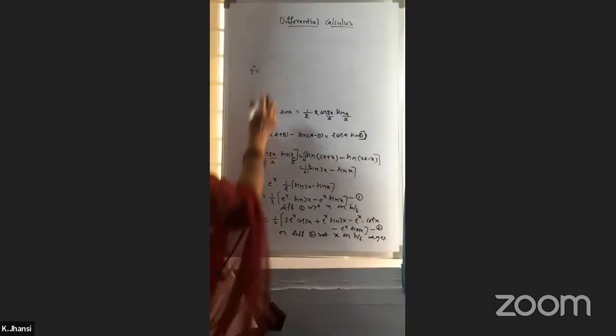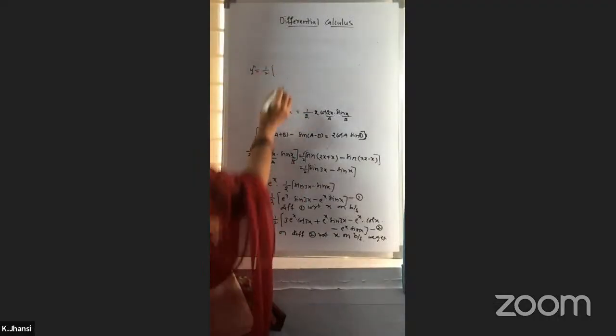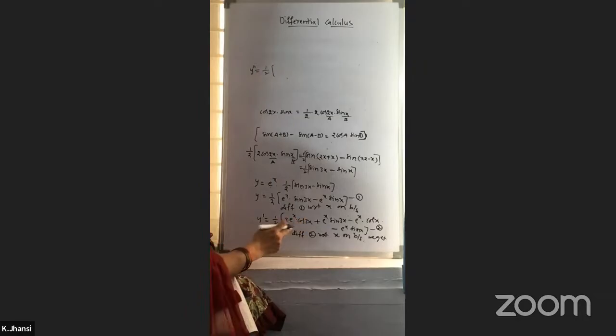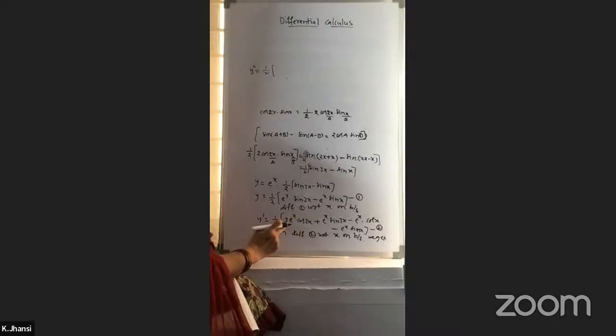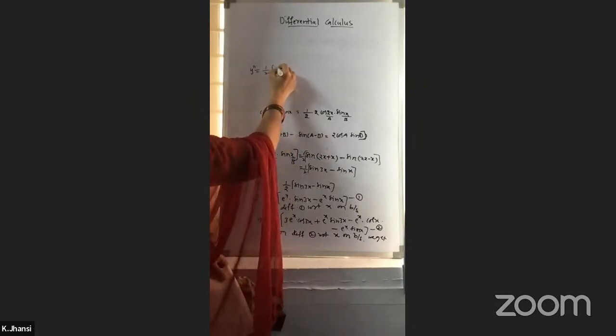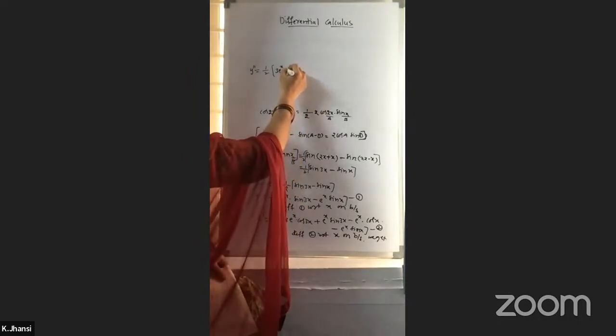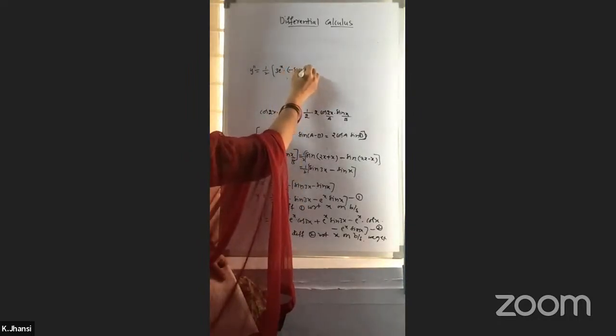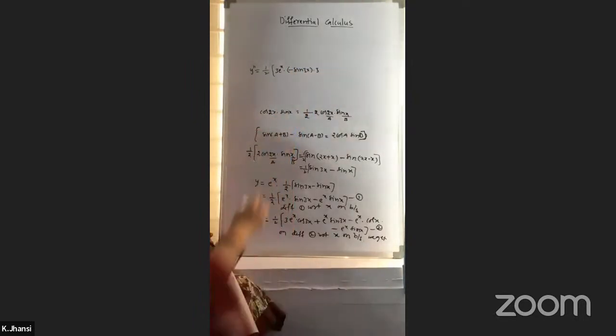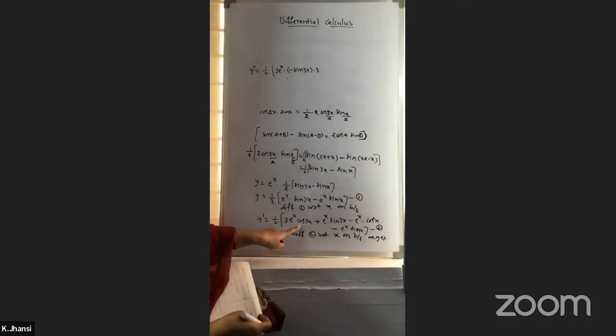So one more time differentiation means 1 by 2 into, this is again UV. U and V. So 3 e power x into cos differentiation is minus sin. Minus sin 3x into 3. Again 3x differentiation is 3. Okay.